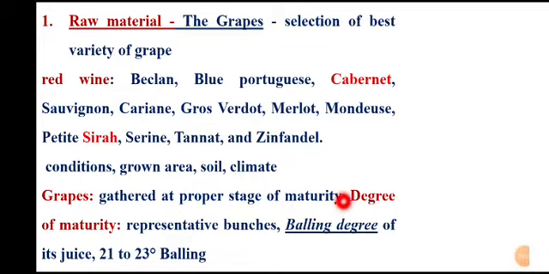So grapes are collected from a representative branch. A group of grapes is collected, and then juice of that group of grapes is prepared, and the sugar content of that grape juice, which is representative of a line of grape vine, its maturity, is measured in terms of Balling degree.